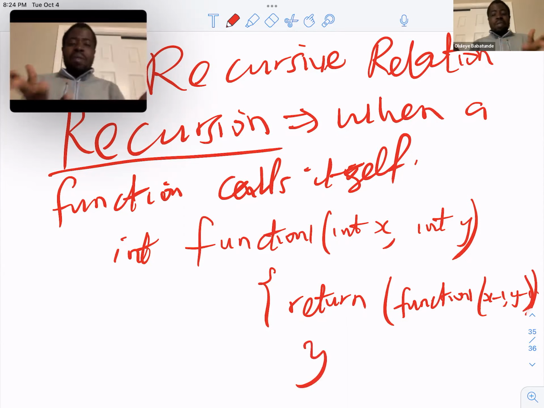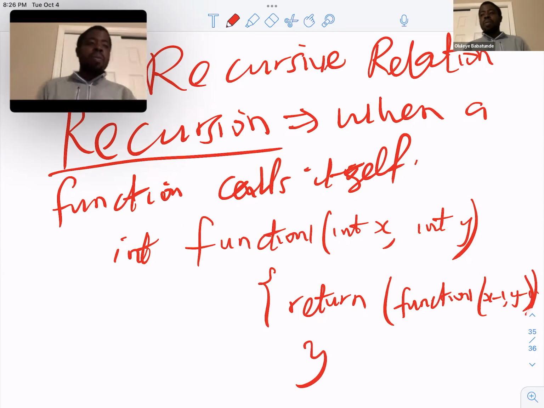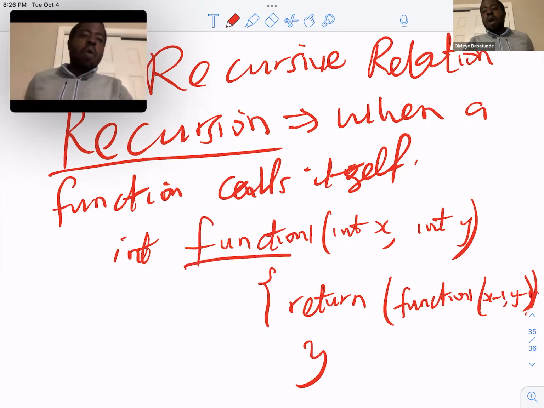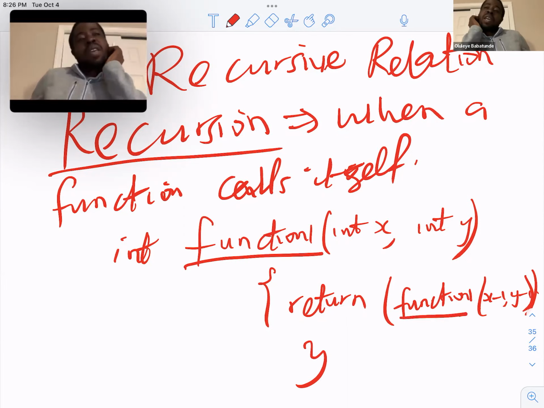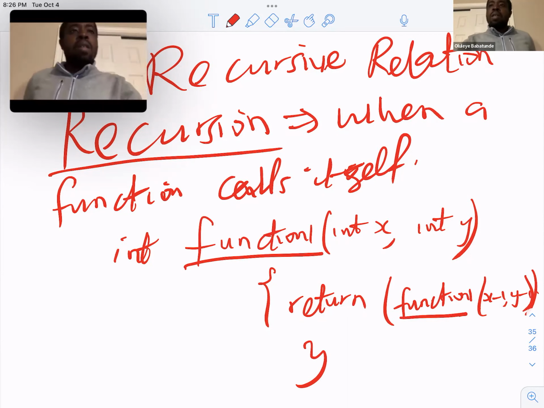Now, this is possible. This is a recursion. You can see that this function 1 is defined in terms of itself. That is called a recursion in computer programming.